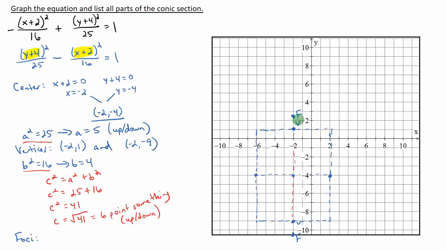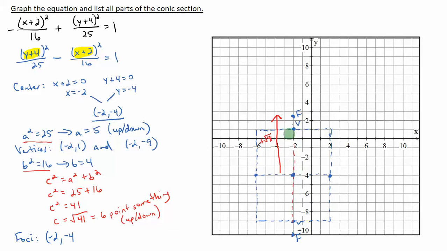So the top focus has an x value of negative 2 and a y value of, well, we measured this from the center, right? It doesn't land in a really nice spot, so I can't tell exactly what the y coordinate is. I can see that it's 2 point something, but we need to be more precise. The y value is going to be the y value of the center, which is negative 4. And from that, the way that I got up here was I added the square root of 41.